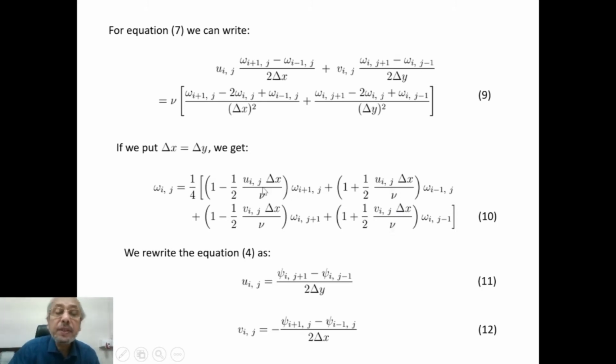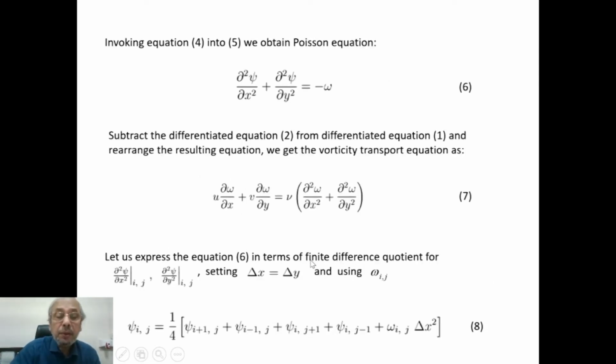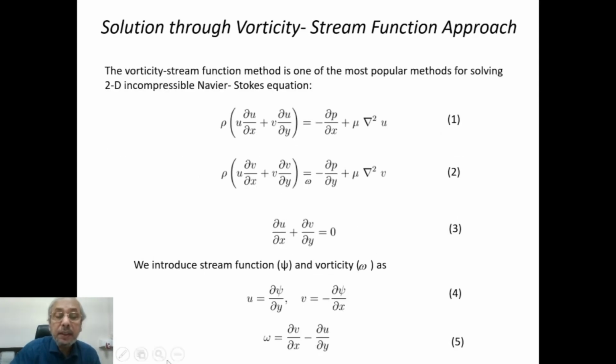But these coefficients are not constant coefficients. These are all again dependent functions. Uij is related to omega, Vij is related to omega. And now, if you recall, we defined U and V from stream function in equation 4.